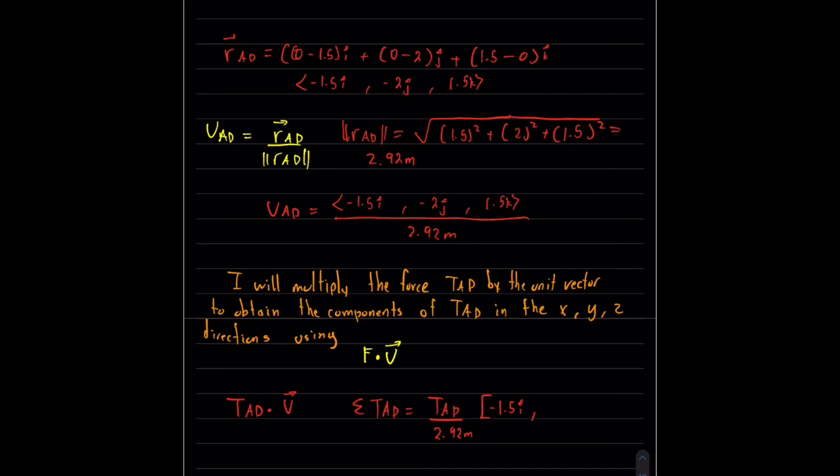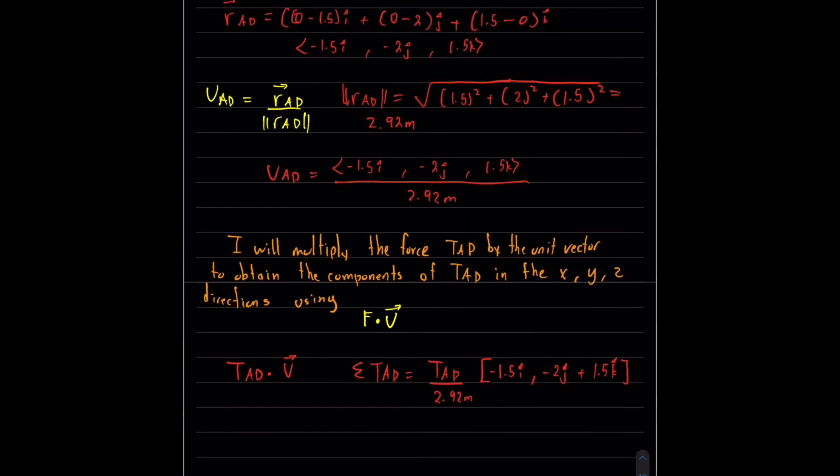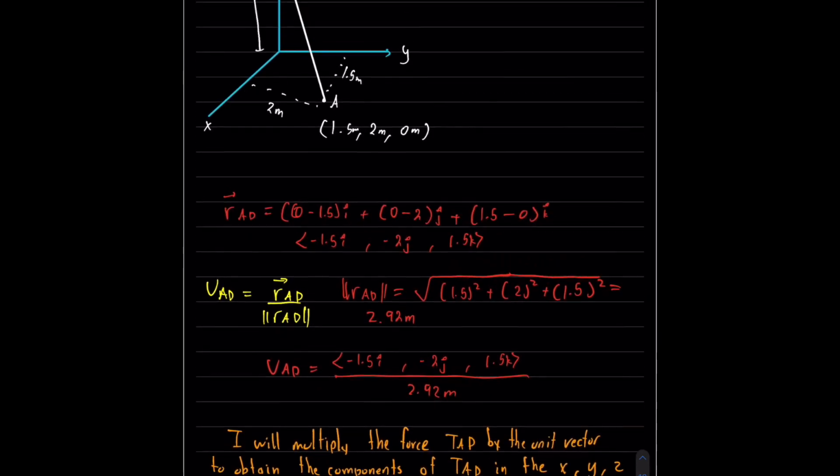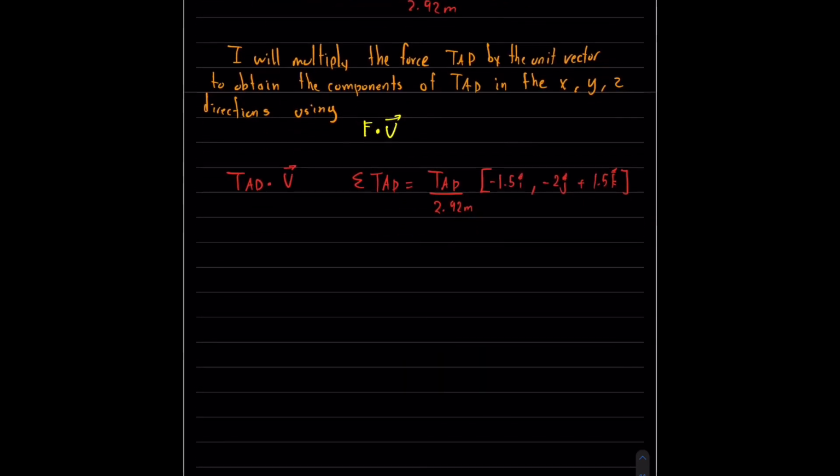I have negative 2 in the J, and I have 1.5 in the K direction. Okay, now we have the components of all the forces. The components of tension AD, tension AC, tension AB, and the weight now.